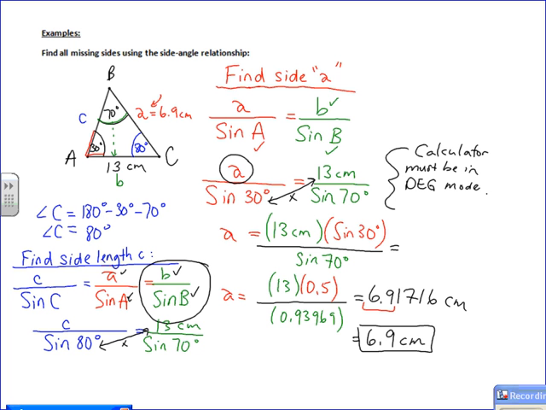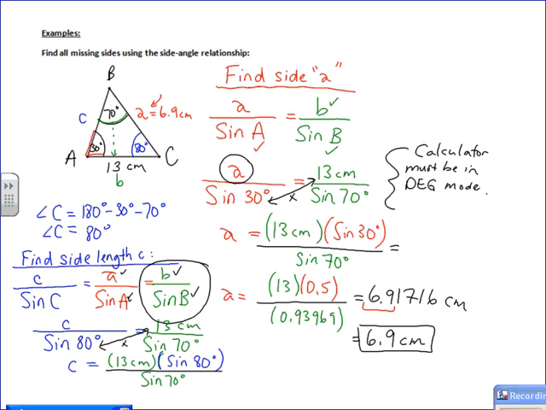I'm going to cross multiply to get rid of that sine of 80 degrees. And my answer is going to be that C is equal to 13 centimeters times the sine of 80 degrees, all divided by sine of 70 degrees, the sine of B.